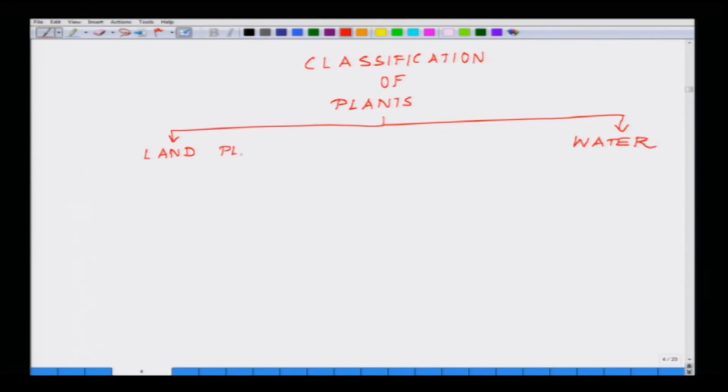Land plants and plants growing in water. And these land plants could be further classified into two categories: vascular plants and avascular plants.